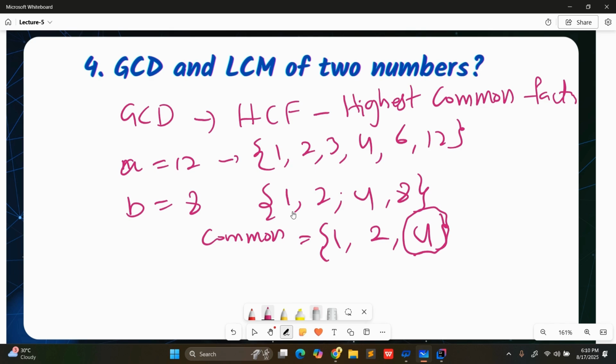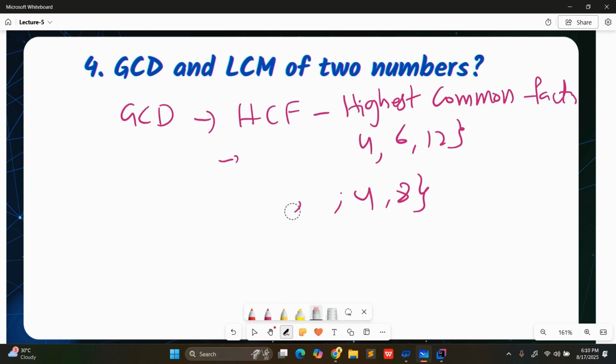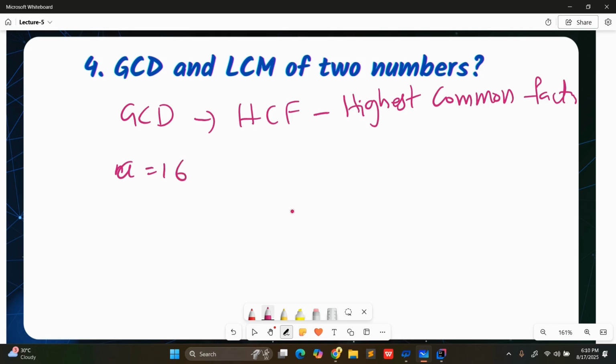How can we do this? We can observe one thing. Let's take another example. We all know how to find factors. Let's say I take A is equal to 16, B is equal to 8. You can see the factors 1, 2, 4, 8, 16, right?